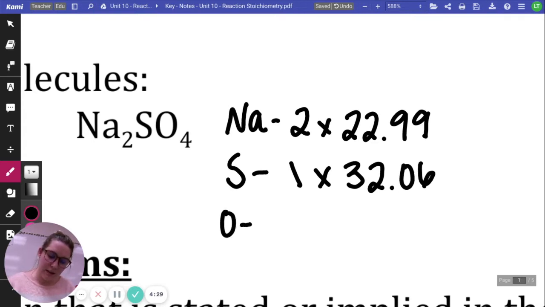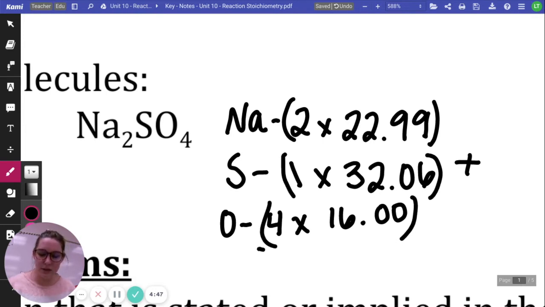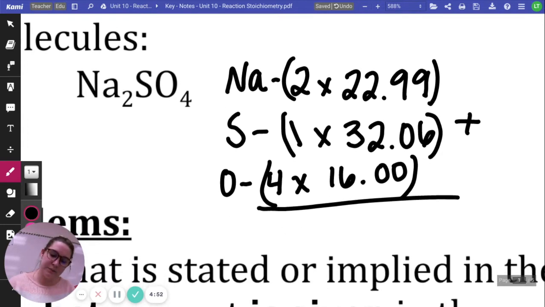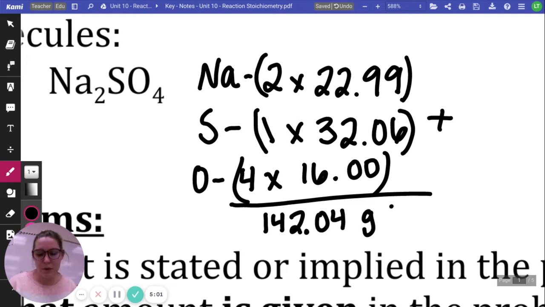And then finally, last but not least, I have 4 oxygens, and the mass of oxygen is 16. Then I'm going to add all of those together: 2 times 22.99, plus 1 times 32.06, plus 4 times 16. Add them all up, plug it into your calculator, and I got 142.04 grams per mole.